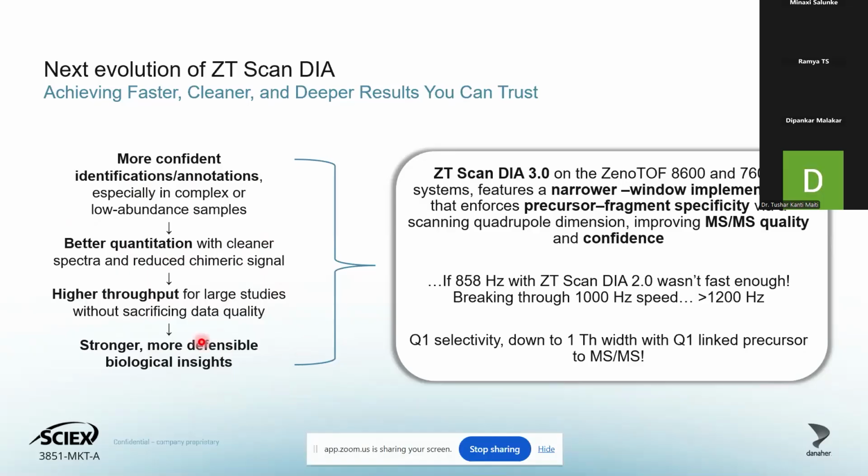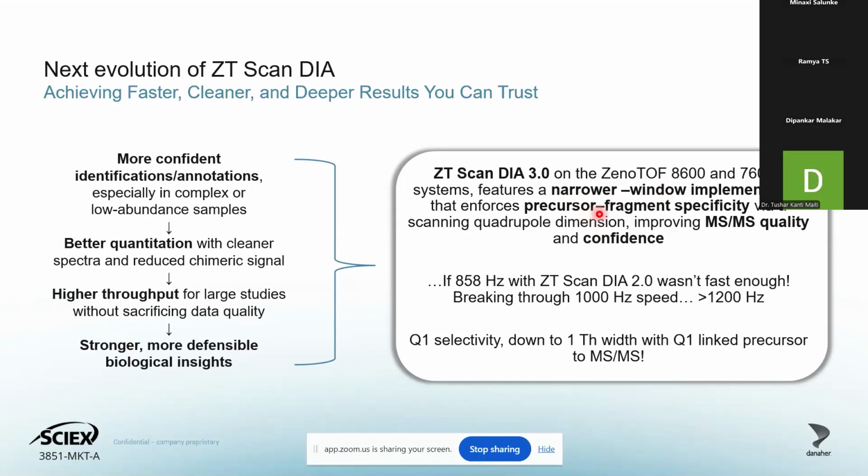And for complex biological samples, there is ZT scan 3.0, the new launch at ASMS 2026, which is with the 8600 system and also applicable for the 7600 plus system, which reduces the window size to close to 1 Dalton window.